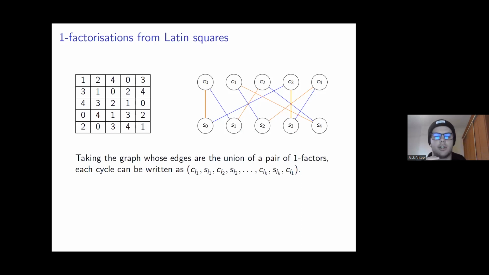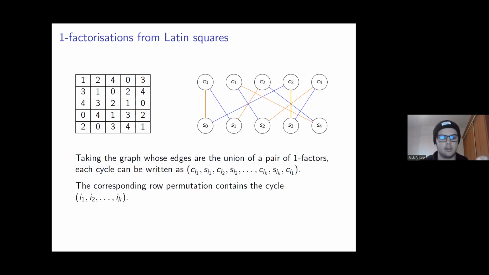And so we can write each cycle as Ci1, Si1, Ci2, Si2, up to Cik, Sik, back to Ci1. And then it's not too hard to show that the corresponding row permutation in the Latin square, Rij, is going to contain the cycle i1, i2, up to ik.